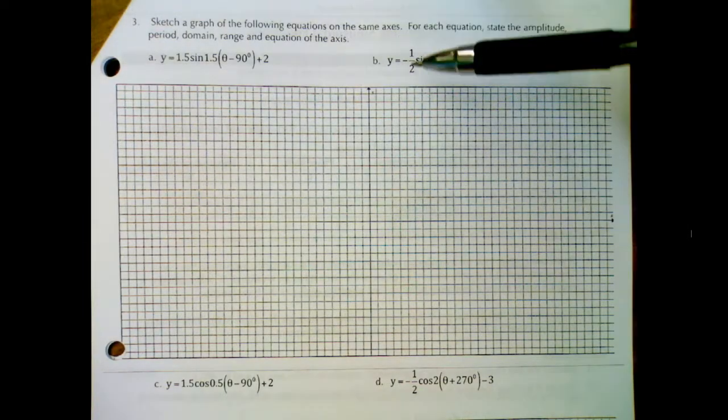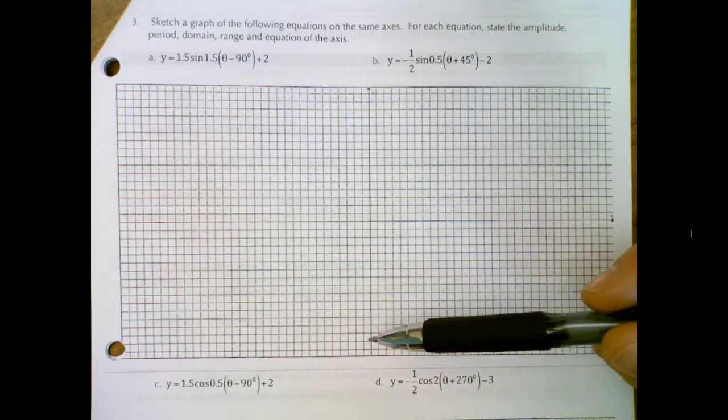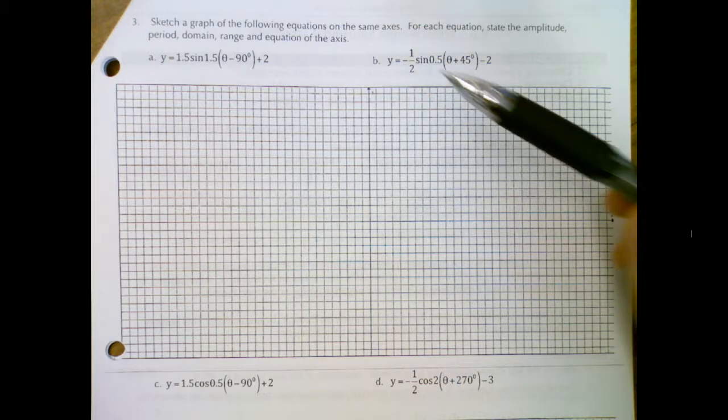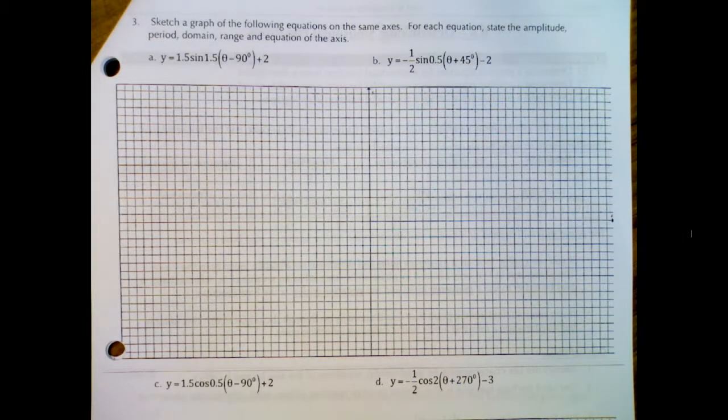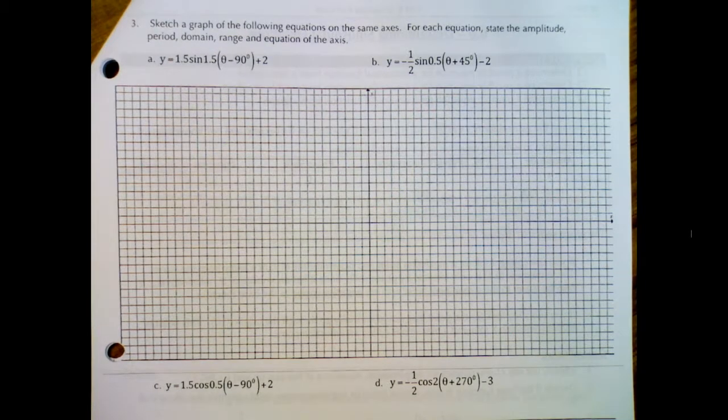We have a scale here and axes right in the middle, and both of these graphs will end up on the right side because we're going to fix where we're going to graph it. We're going to graph this between 0 and 360. Based on our shifting, we can kind of anticipate where we might end up.